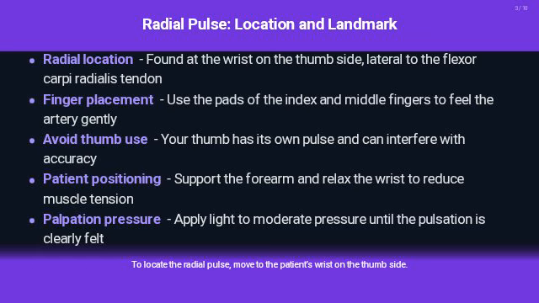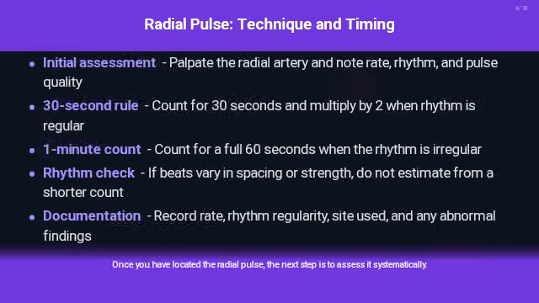Think of it like tuning a radio. Too little contact or too much force both reduce clarity. In nursing practice, taking a moment to position your fingers correctly improves accuracy and patient comfort. Good landmarking is the foundation for reliable pulse assessment and helps prevent unnecessary recounting.